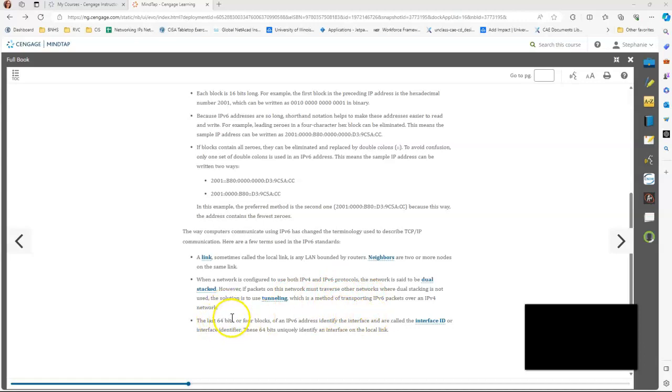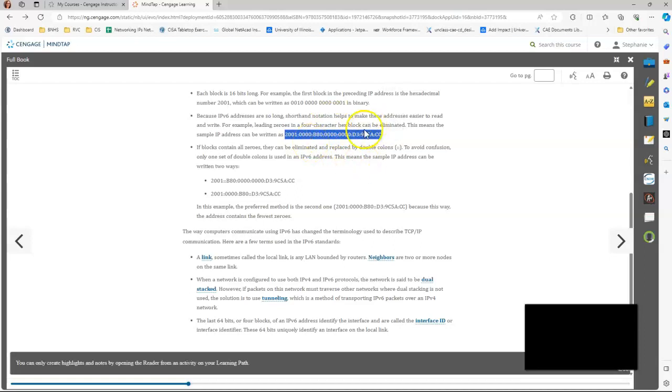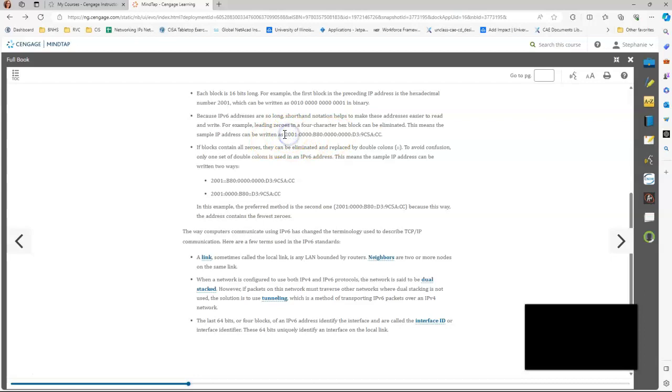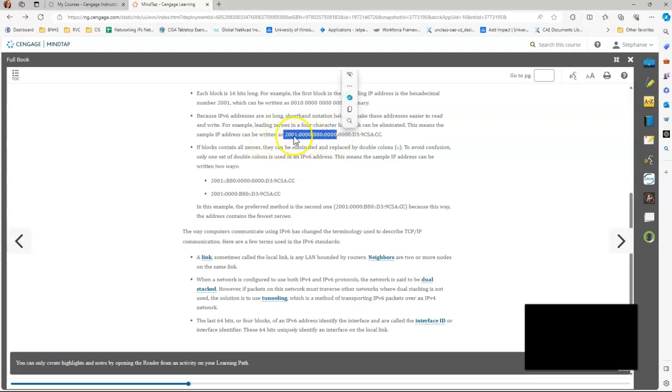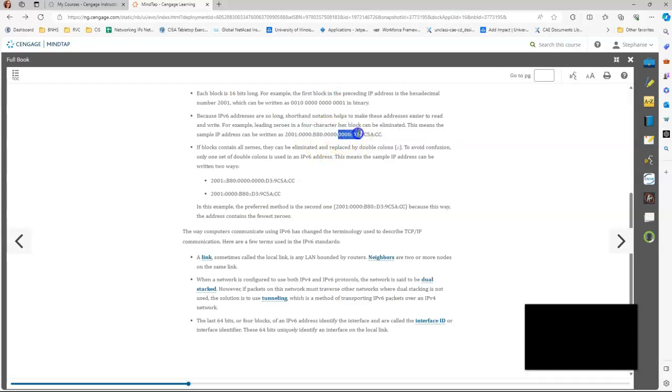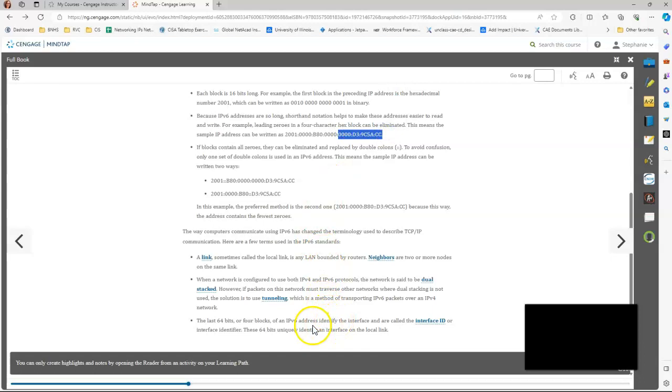And then the last 64 bits. So in the IP address, I'm going to go back up here. We've got 128 bits total, and the first 64 bits are uniquely identified, and then the last 64 bits are the interface ID.